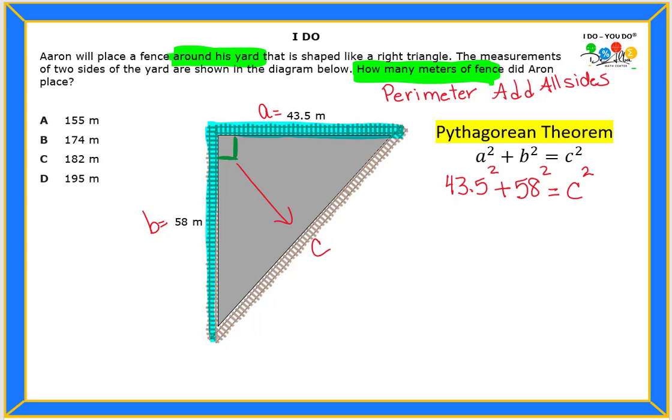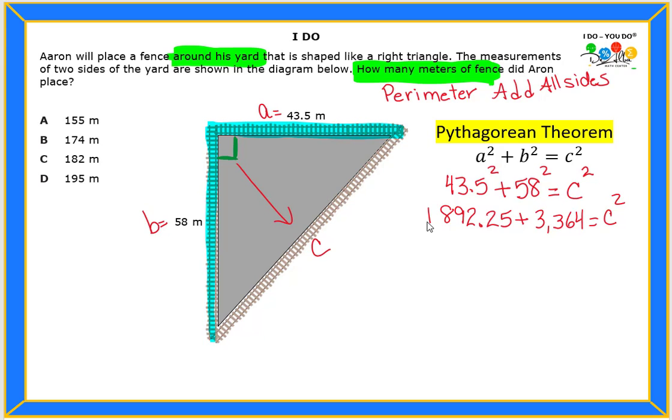So what I need to do is find the values for the numbers that I'm raising to the second power. 43.5 to the second power gives me 1,892.25. And of course, these are meters, right? What about 58 squared? Well, that will give me 3,364, and that will be equals to C squared.